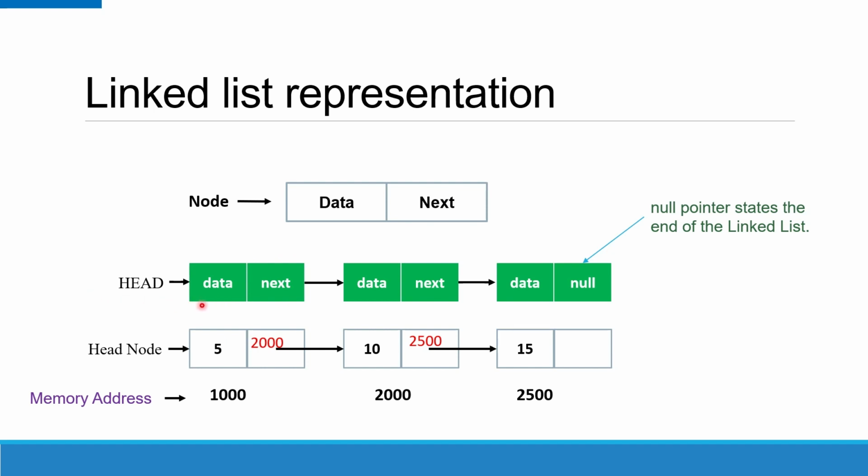Like this, your linked list will be data, next, and the second element will be stored in node 2 with data and next part, and for the third node also data and next part will be there. The last node's next field will always be null. This null pointer represents the end of the linked list. Usually it is the last node of the linked list.